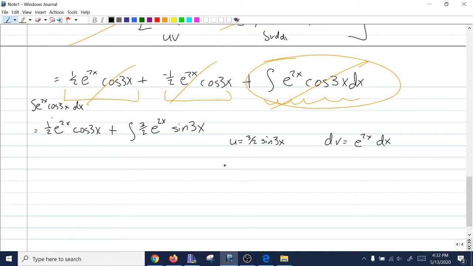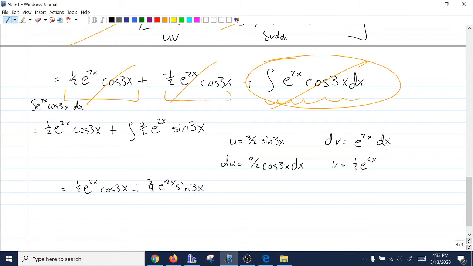If u is 3 halves sine 3x, then what's du? Du is the derivative of that. Derivative of 3 halves sine 3x is cosine 3x multiplied by 3, so I get 9 halves. What's v? V is the integral of e to the 2x dx, which is half e to the 2x. So this thing equals 1 half e to the 2x cosine 3x plus uv, 3 halves times 1 half is 3/4 e to the 2x sine 3x.